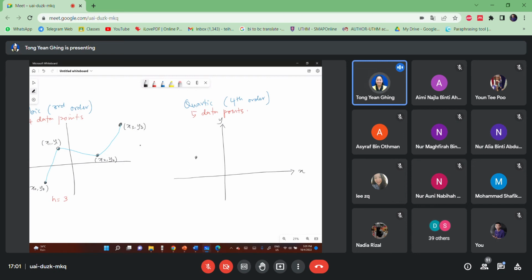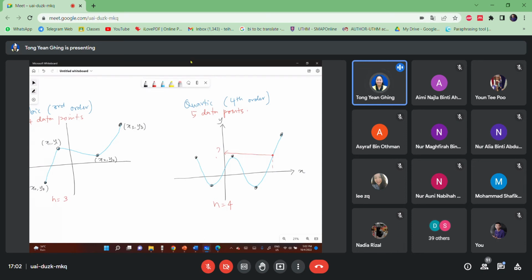Maybe like 1, 2, 3, 4, 5, and then the graph can be like this. So the n is 4. So never mind, maybe you are going to find at this point what is the value.